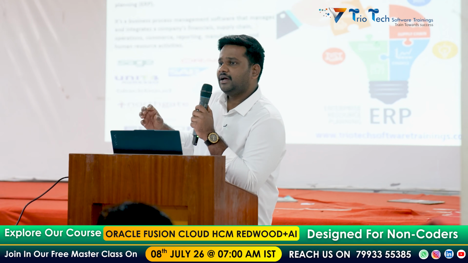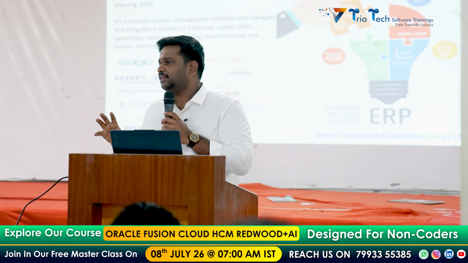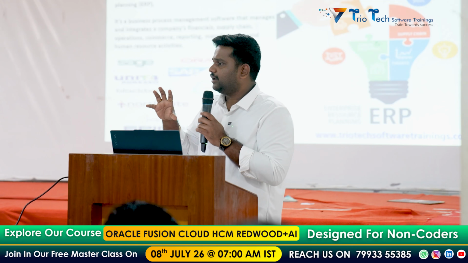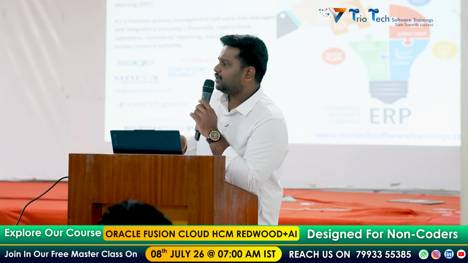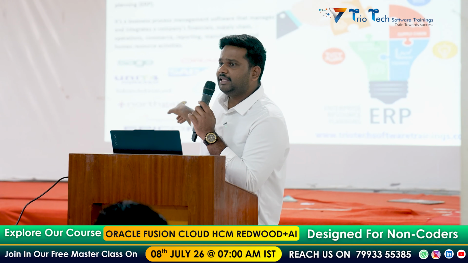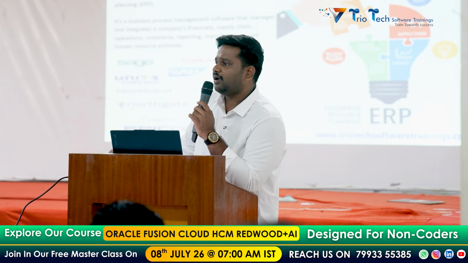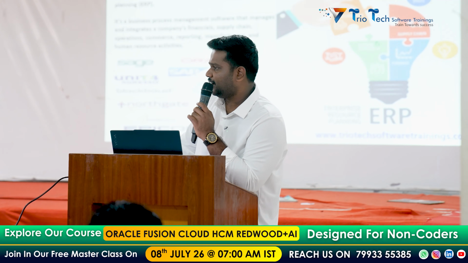It means any company, in order to operate in the market, all these departments together they will operate, right? But in order to conduct all these business operations, every company requires a software or a technology in the market.